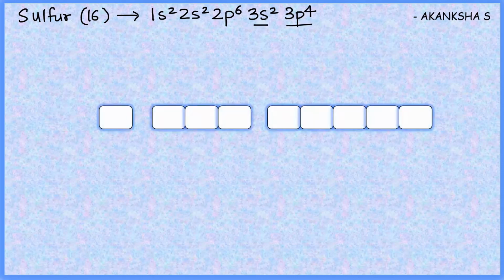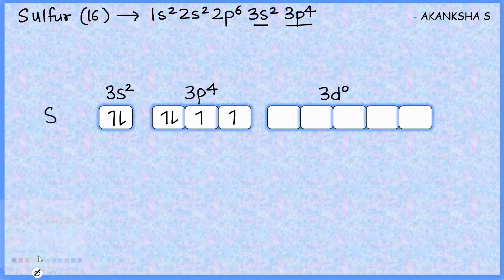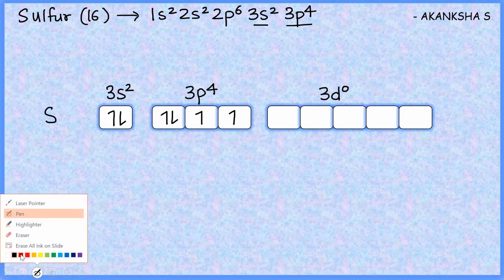Let's try it. We have sulfur. Let's see the ground state of sulfur. It is 3s2, 3p4. Are there any electrons in 3d? No, so 3d 0. Same agenda again.